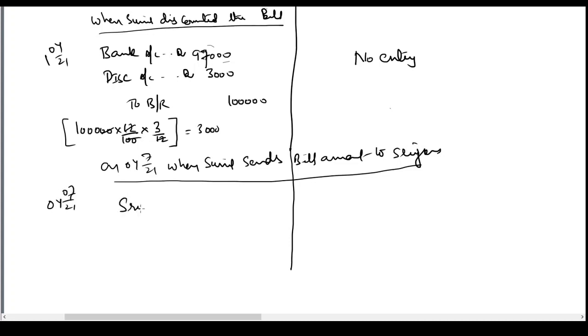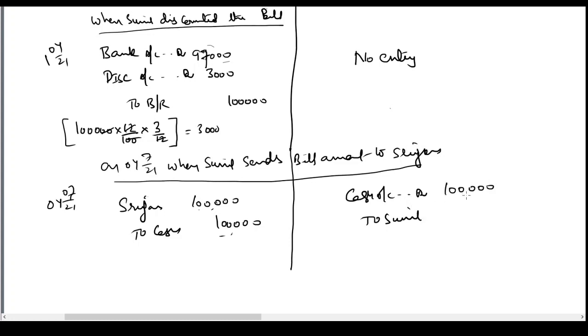So he is now sending the money: Srujan account debit to cash, 1 lakh rupees. So he is debiting Srujan and he is giving cash to Srujan. Srujan's book entry would be cash account debit to Sunil account, 1 lakh rupees. Sunil will send the full amount to Srujan.